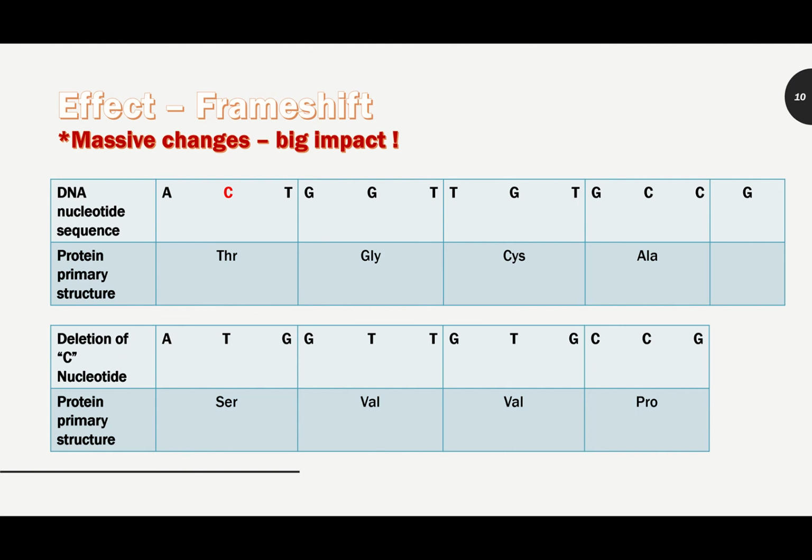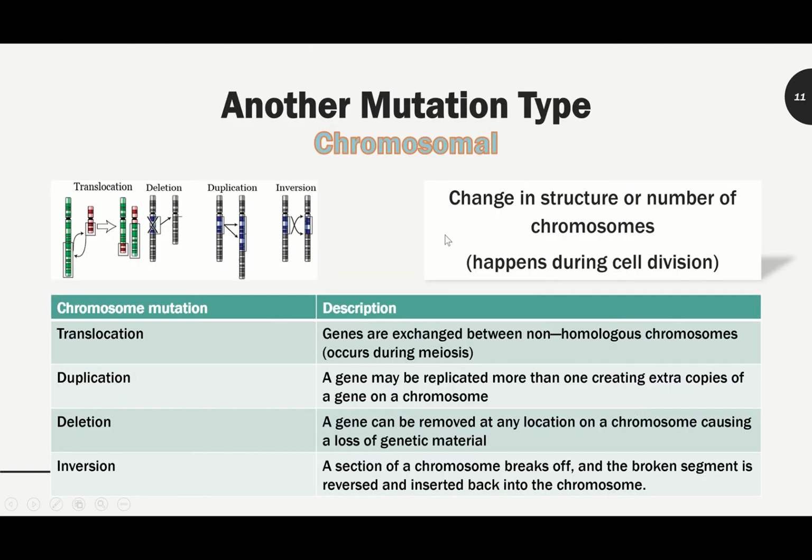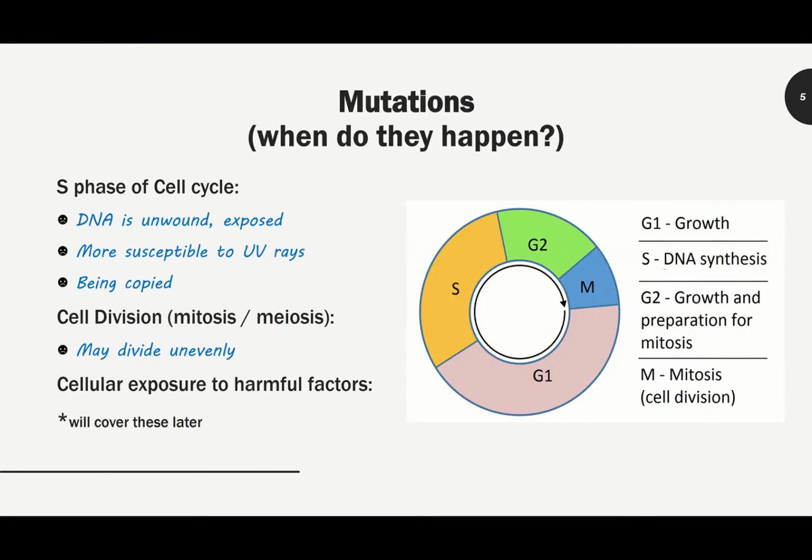Because the letter is inserted, all the letters coming after this one are going to move back by one space. That may seem like nothing, but essentially it changes all the proteins that are being produced. You see all the proteins up here and down here are totally different. Totally different.